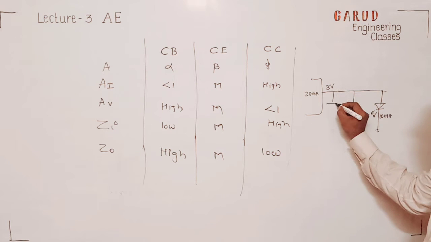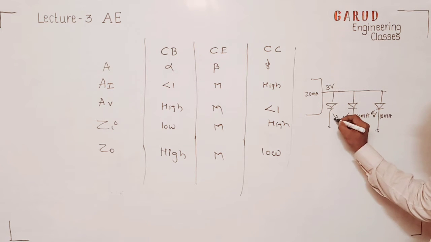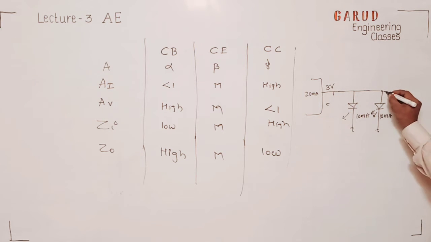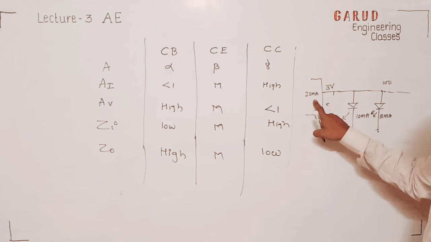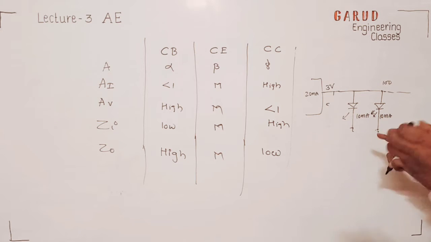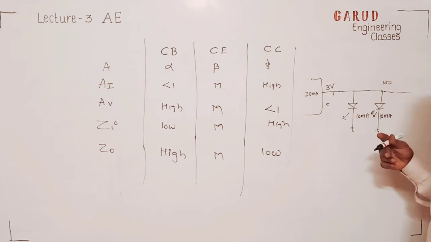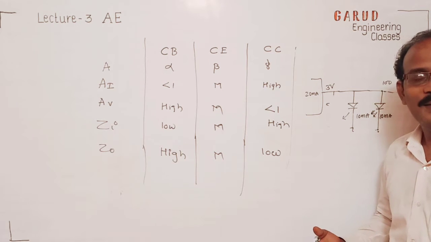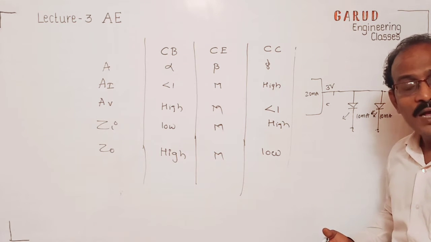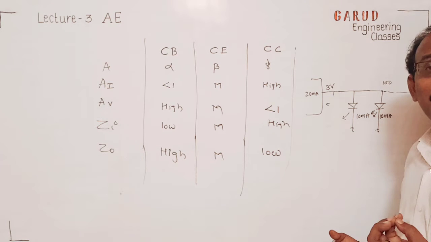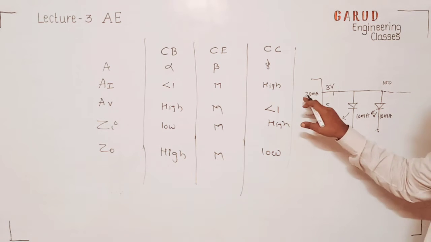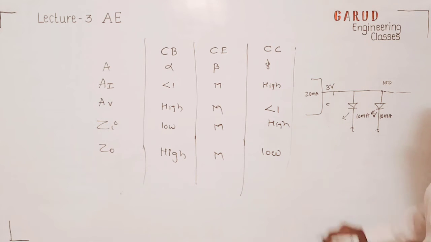If I connect around 100 LEDs, this IC will not satisfy the requirement of the LEDs. It is giving 3 volt, but still the LED is not glowing. Why? Because the sufficient current that the LED requires, this IC is not providing.